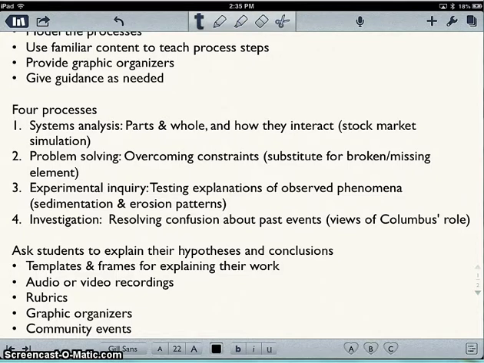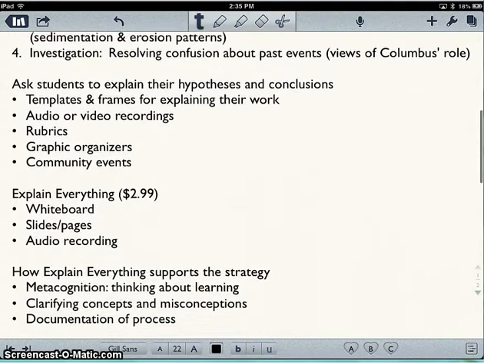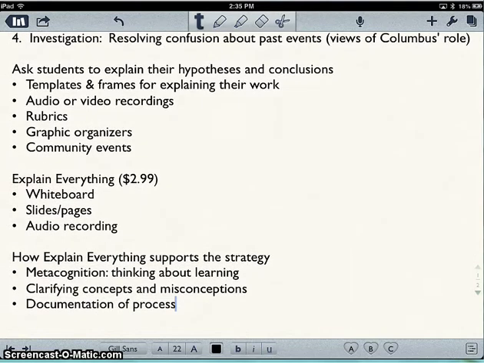The second classroom practice to pay attention to is asking students to explain what it is that they've learned or what they've tested. And this is where we'll focus our model demonstration here. But some examples of that might be structuring their work, giving them templates, frames for how they explain what they're going to do, or what they've done.